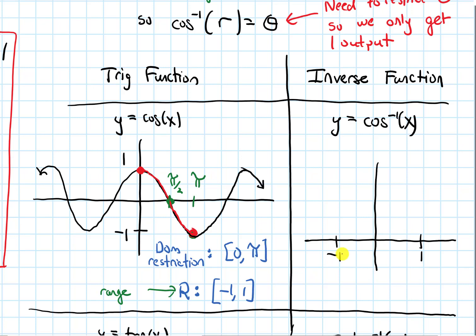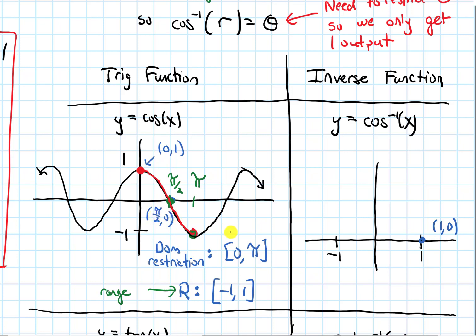So one of the things that I want to notice is that with the inverse function, the inputs and the outputs are supposed to be switched. So when I talk about this point right here, right now the x-coordinate is 0, the y-coordinate is 1. On the inverse graph, the input and the output are going to be switched. So that means it'll be 1, 0 on the inverse graph. If I do that for another point, this point over here, x-coordinate is pi/2, the y-coordinate is 0.